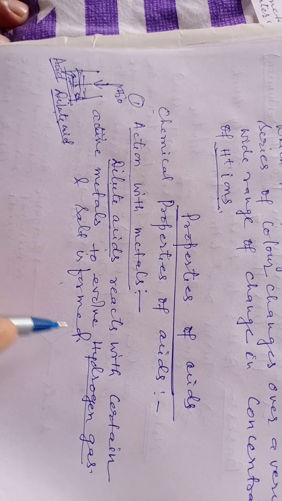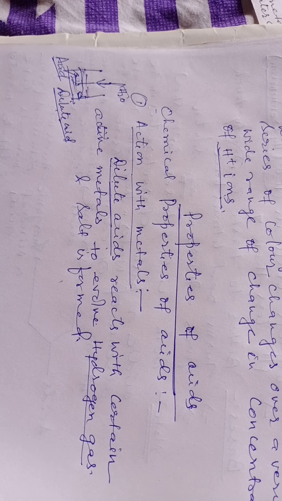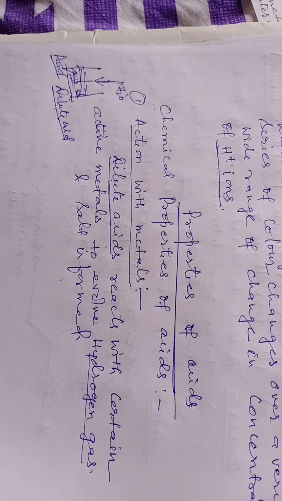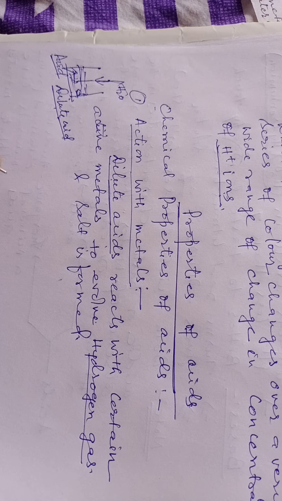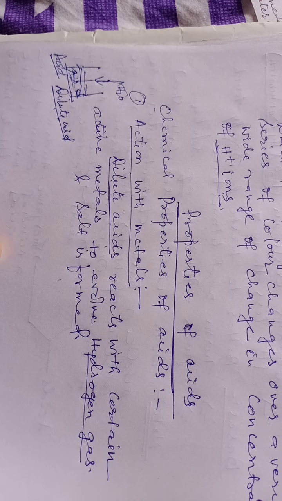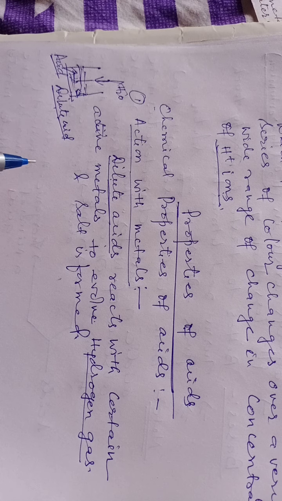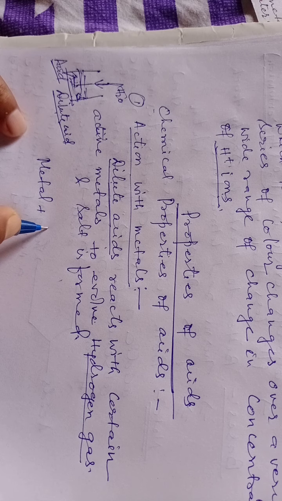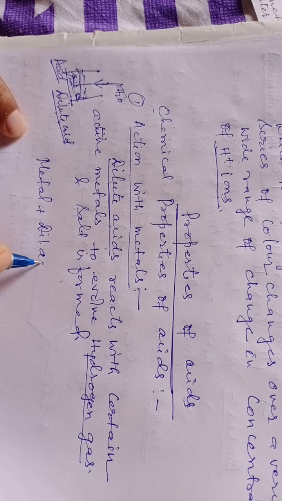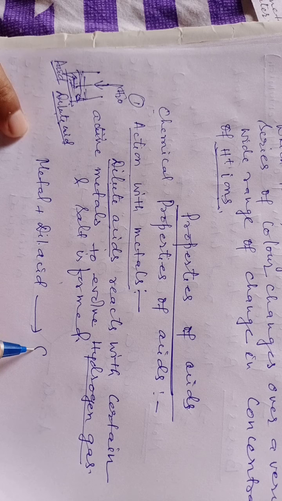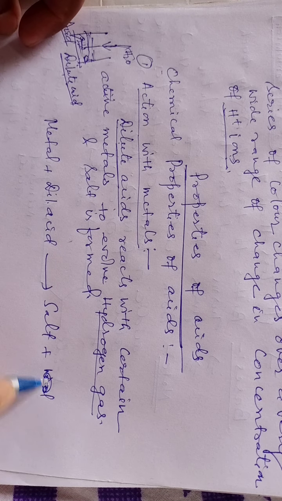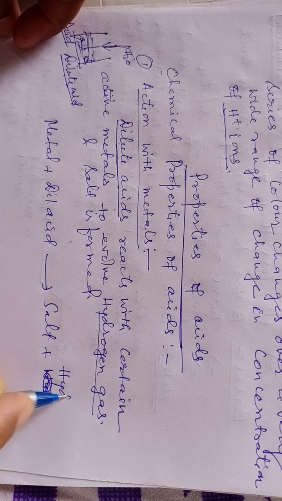Salt formation depends upon the nature of acid, whether it is sulfate, nitrate, or chloride. So, on the basis of the general formula, metal plus dilute acid gives salt plus hydrogen.